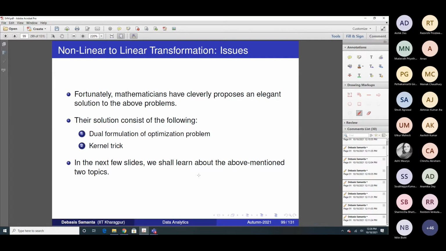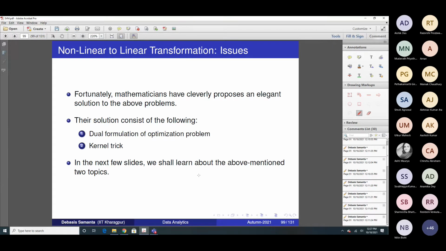First we shall learn the dual formulation technique for the Lagrangian, which we have already learned for linear SVM, and then how using this dual Lagrangian formulation can help to solve non-linearly separable data.